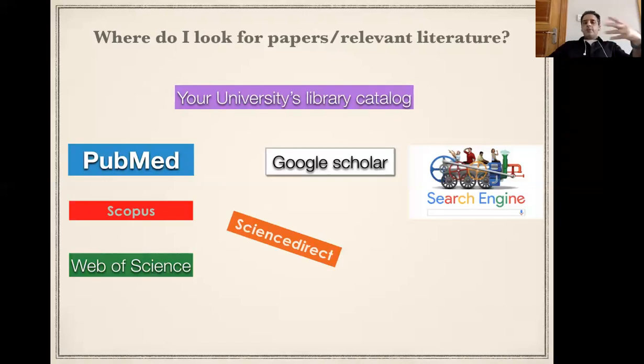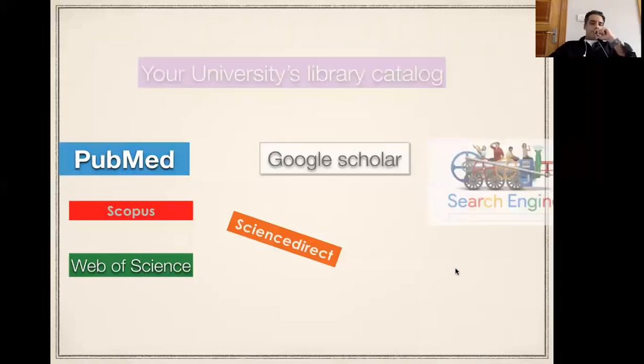You try to explore all of them. You cannot just stick to one of these and complete your process in one database, because there would be many papers which are not in, for example, PubMed, and they are available in Science Direct. So you cannot miss the literature which is relevant to you.